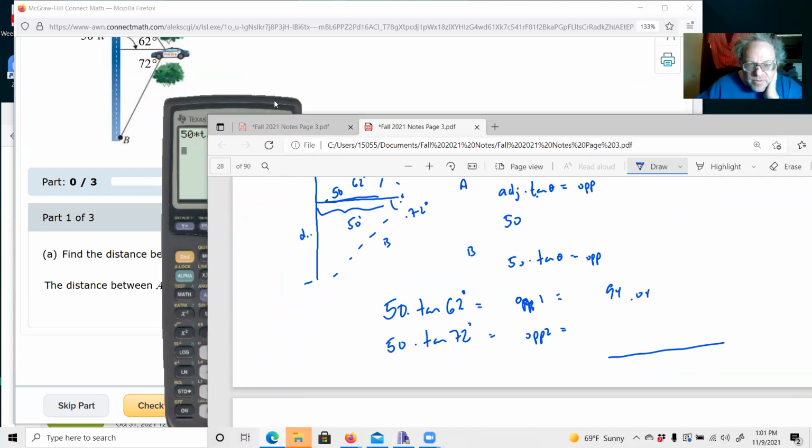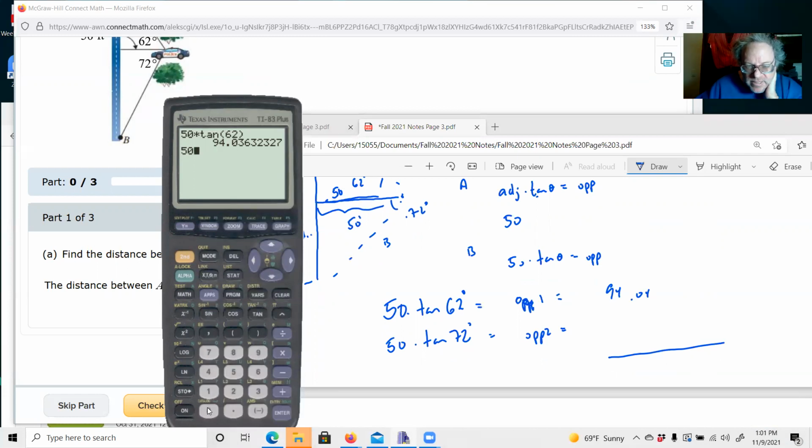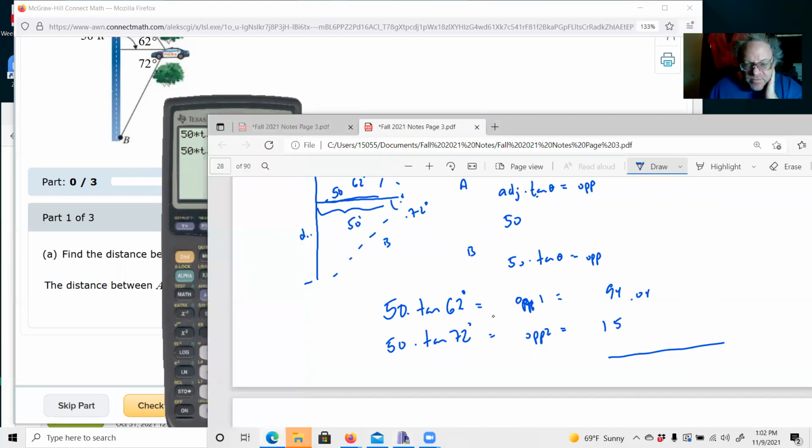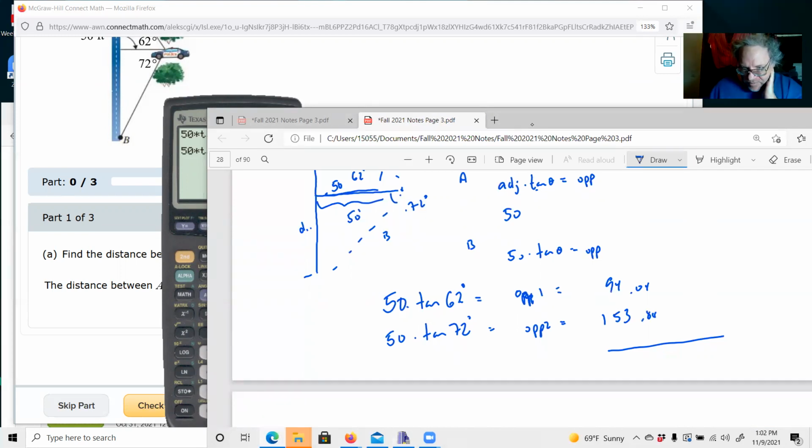And then we have 50 times the tangent of 72 degrees, which is equal to, and we ended up with 153.88, 0.88 feet rather.